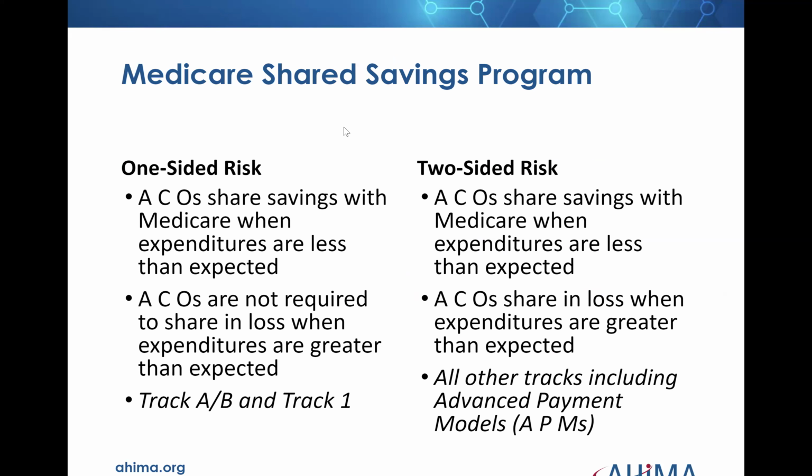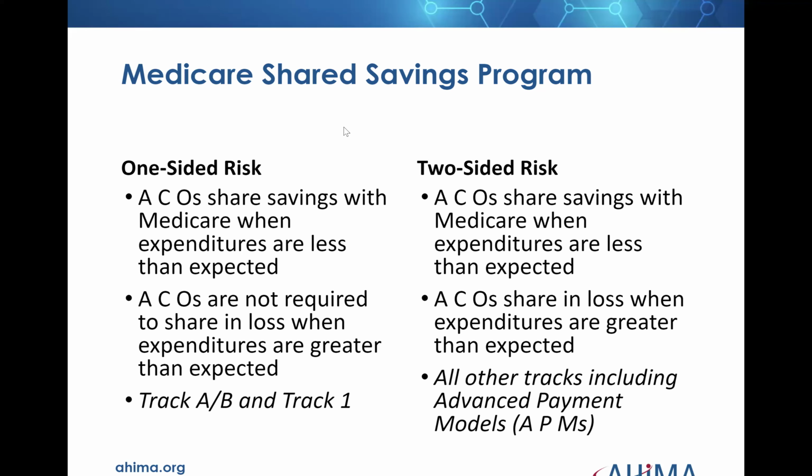And again, we talk about one-sided risk and two-sided risk. Accountable care organizations share savings with Medicare when expenditures are less than expected. So in other words, if you plan things out right and you're not spending so much money, the accountable care organization benefits. The accountable care organizations are not required to share in the loss when expenditures are greater than expected.